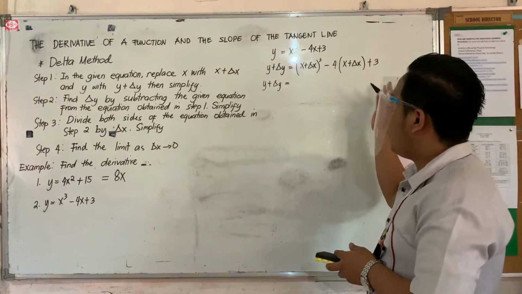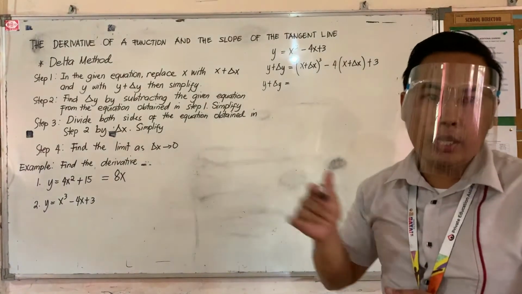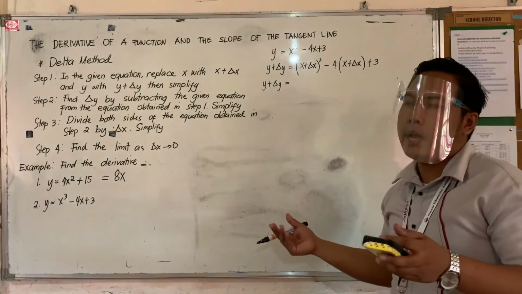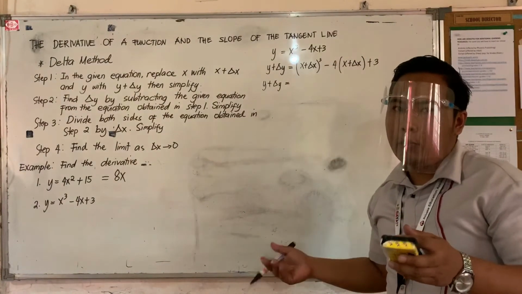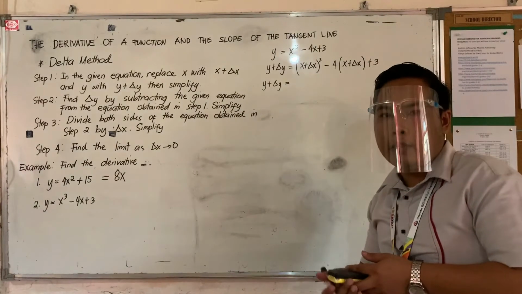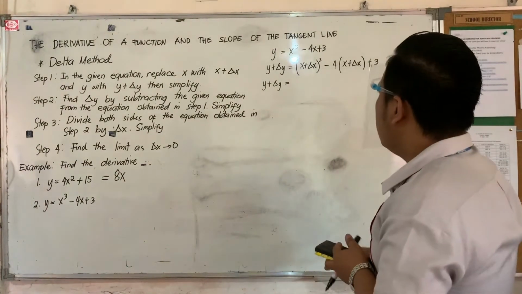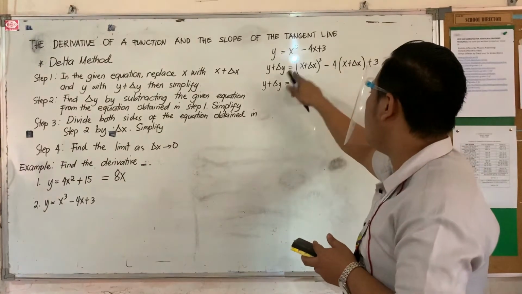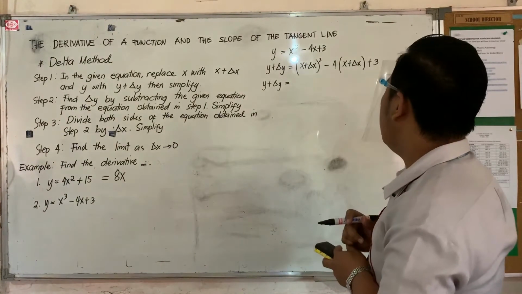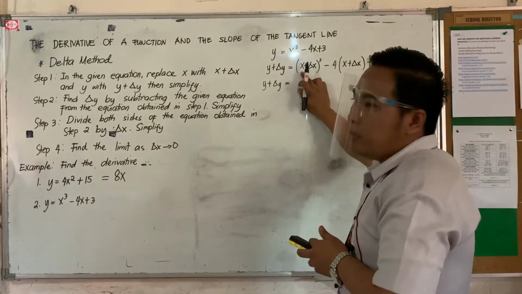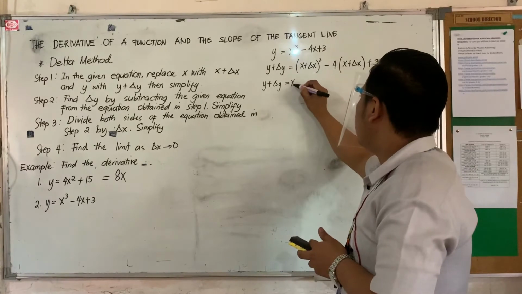So, kapag cube naman ito, meron din tayong method na gagamitin. Pwede pa rin siya doon sa FOIL method, pero tatlo yung i-deal natin binomial. So, one after the other yung pag-multiply doon. So, yung technique natin dito, in expanding binomial in cubic, first is to cube the first term, that becomes x cubed.